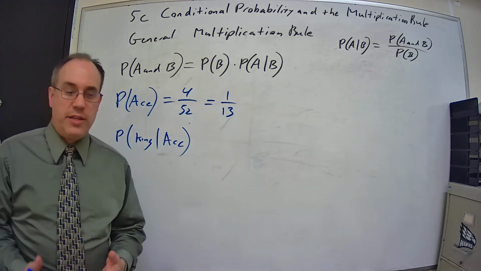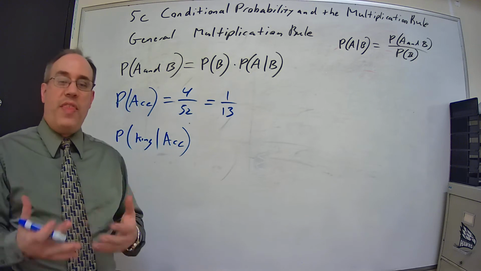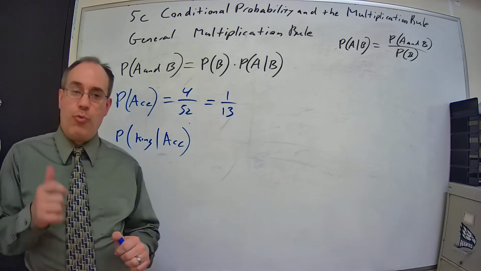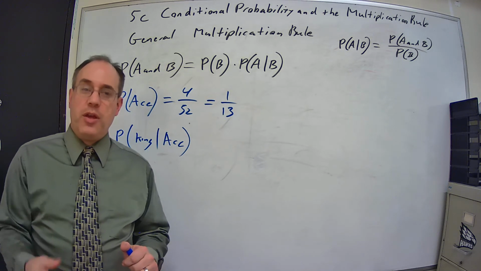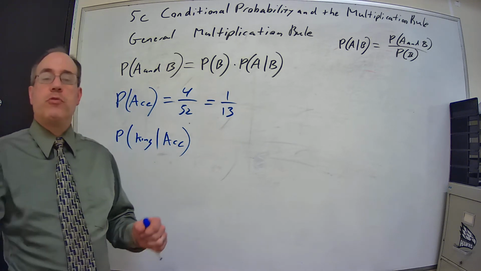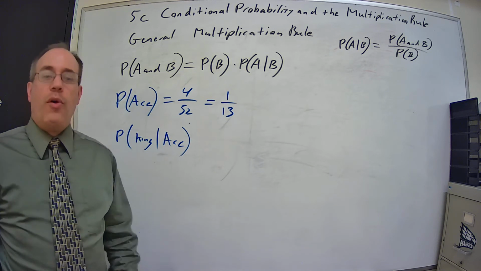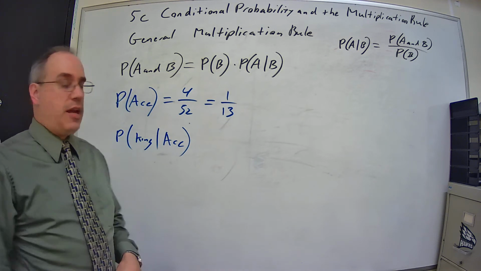So we're going to do this without replacement. Two terms that you need to know: with replacement, without replacement. With replacement means the item goes back in, so it's selectable again. Without replacement means it does not.